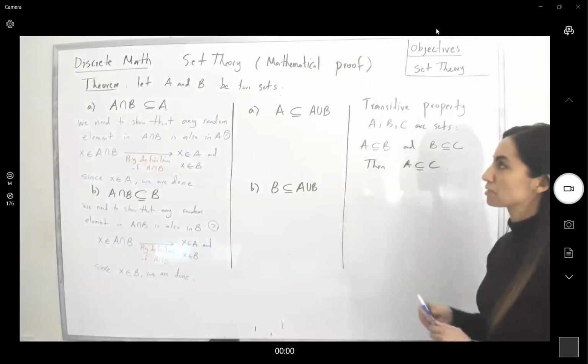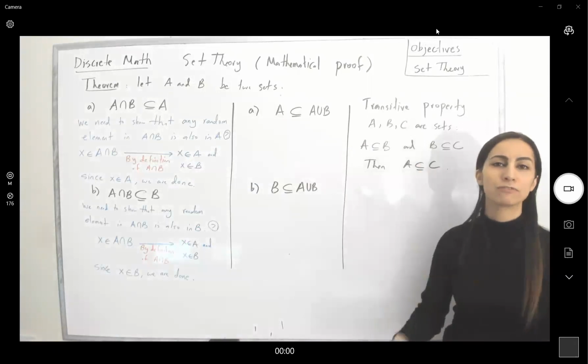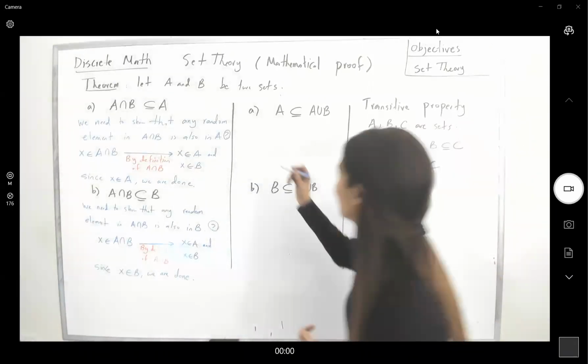How do we prove this? A is a subset of A union with any other set. This is very trivial.